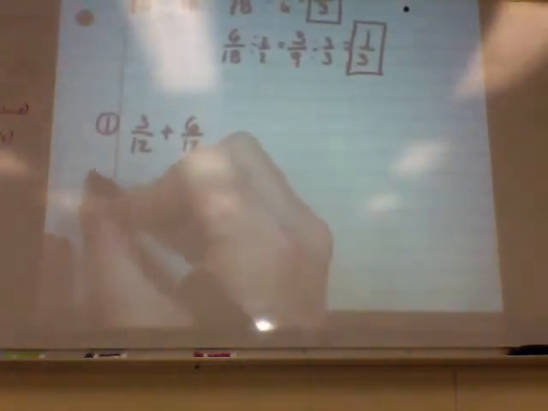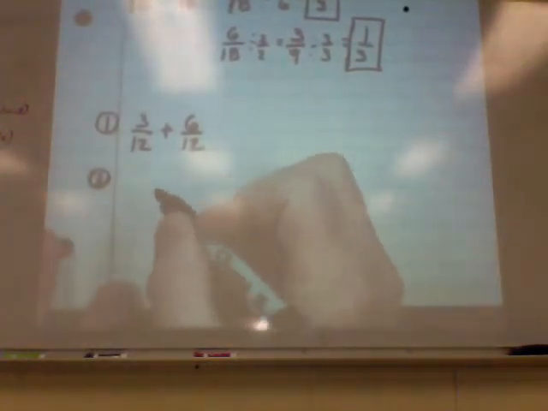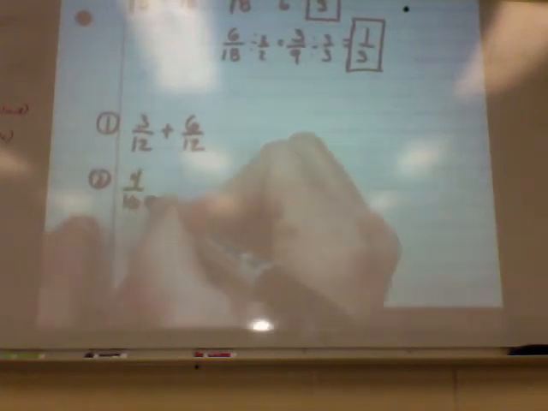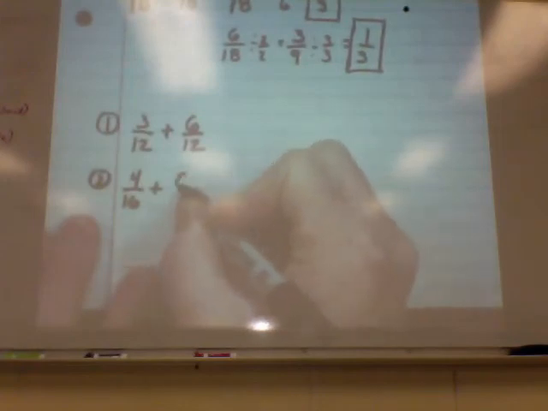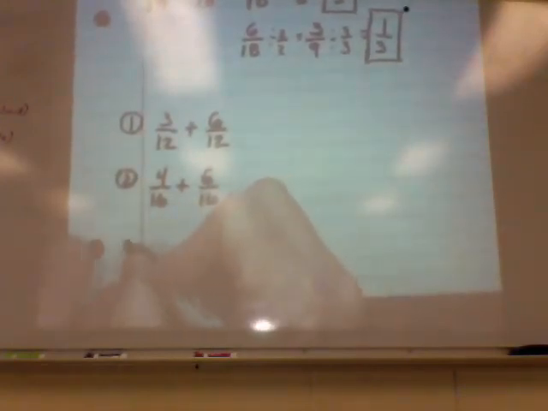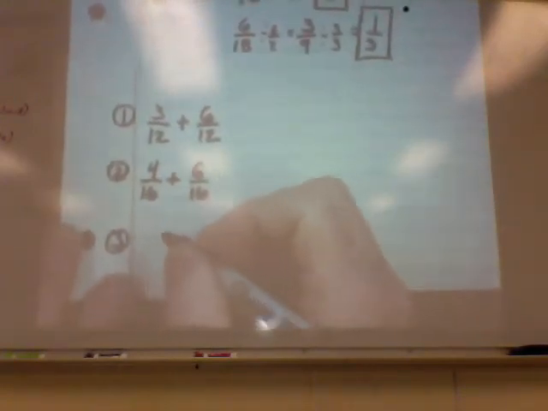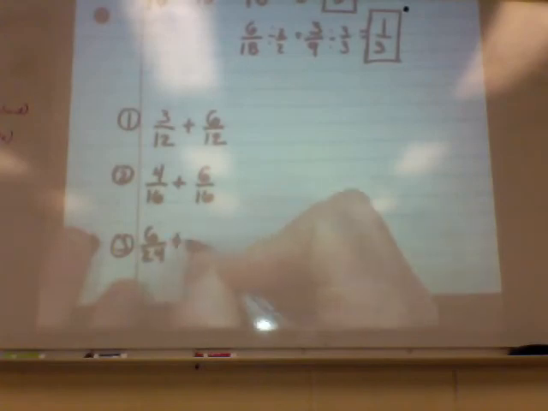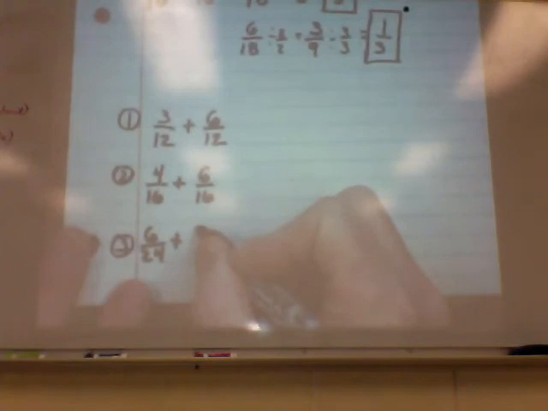Number 2 is going to be 4/16 plus 6/16. And again, I know these denominators are pretty big, but I want to be able to reduce here. And the third one is going to be 6/24 plus 10/24.